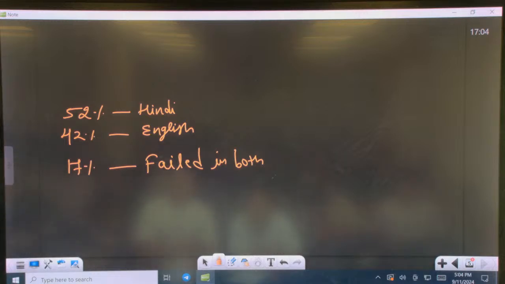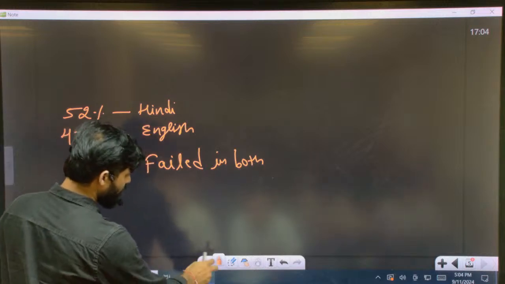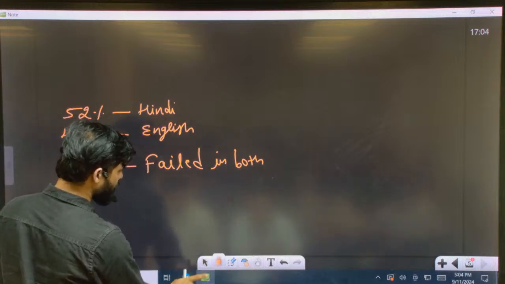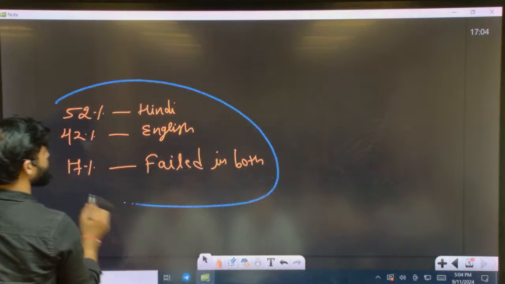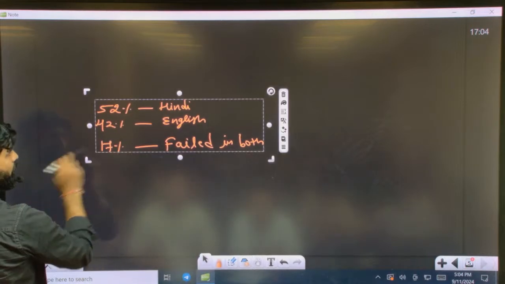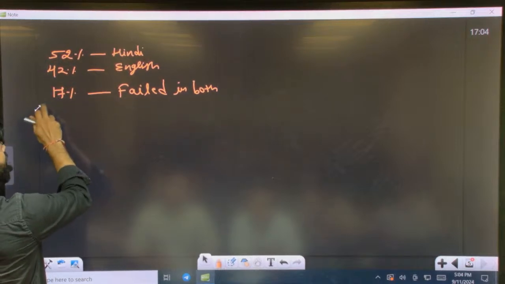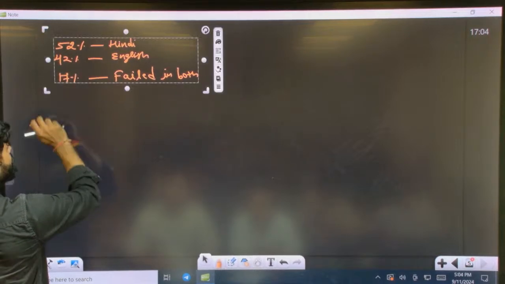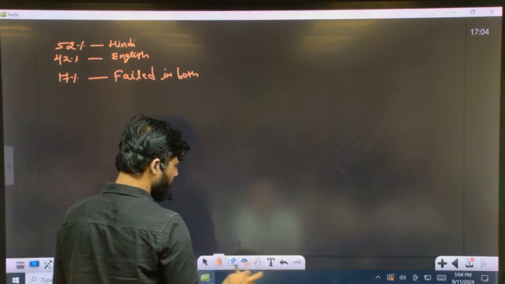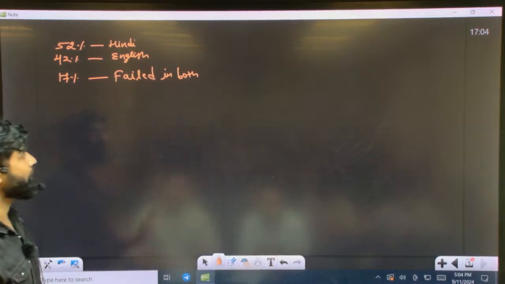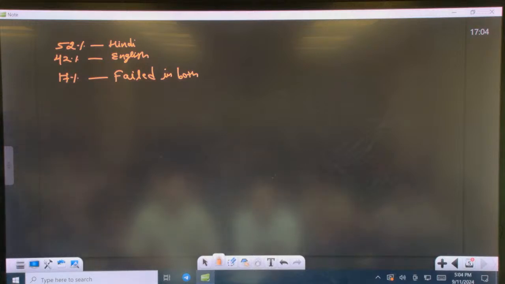You can do it by several methods, but let's do it by a very simple approach. How many subjects are there? 2 subjects. And we have data for fail students only.